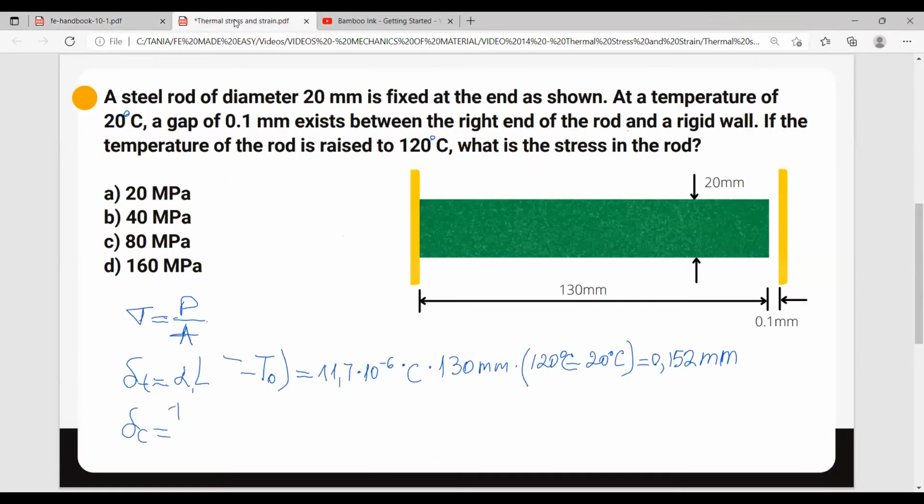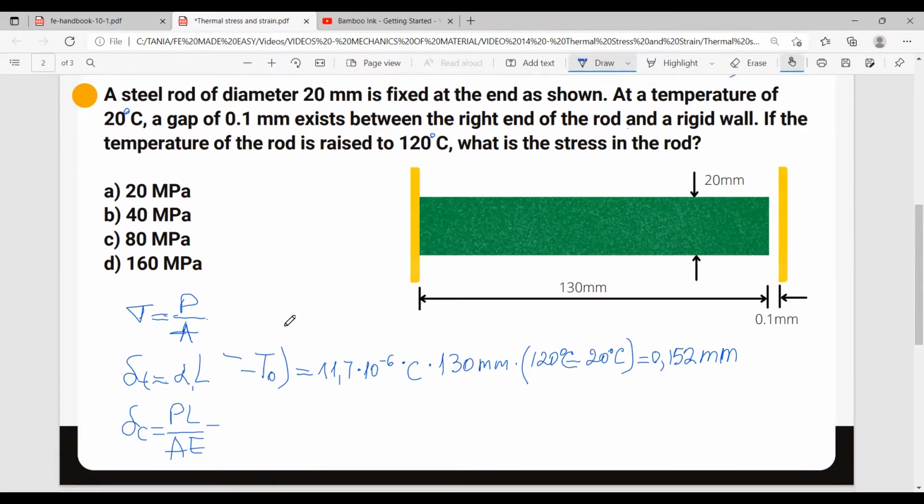We have PL over AE. Okay, let's see. So we'll have the load P, which is the wall acting as a compression load on the rod. L, let's talk about the L.